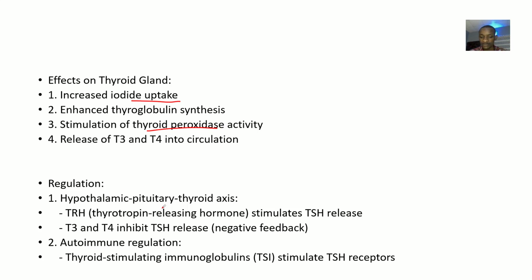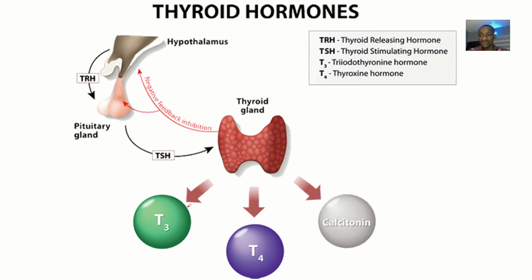Regulation now: it is regulated by the HPT axis, the hypothalamic pituitary thyroid axis. Let me take my time to explain that, using this image. It's quite neat. The thyroid releasing hormone comes from the hypothalamus. If TSH is needed, the hypothalamus will generate thyroid releasing hormone to act on the anterior pituitary gland, to release TSH.